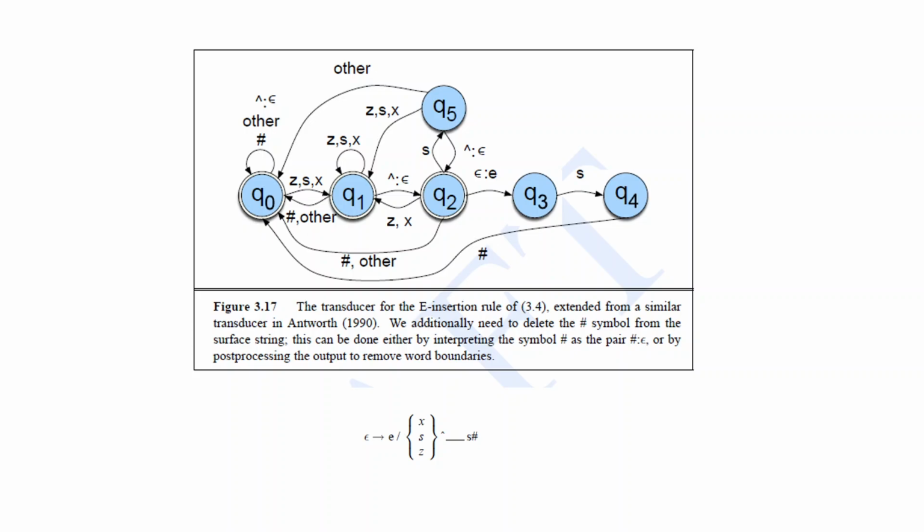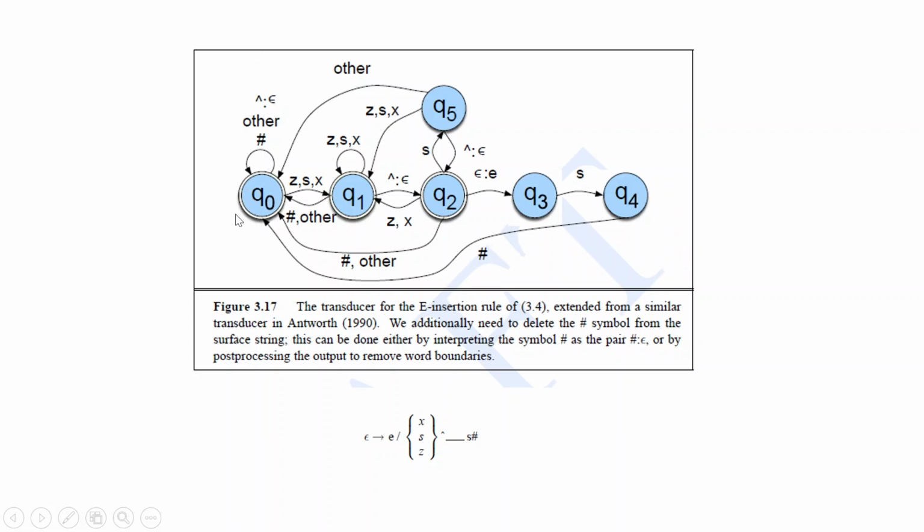Say for example, here we are talking only about X, S and Z. So if X, S and Z are encountered, and after that you have an end of a morpheme, and then after that you have an S and a hash, then in between you have to insert an E. That is the rule, right? So here, if you look at this, this is the corresponding transducer for that.